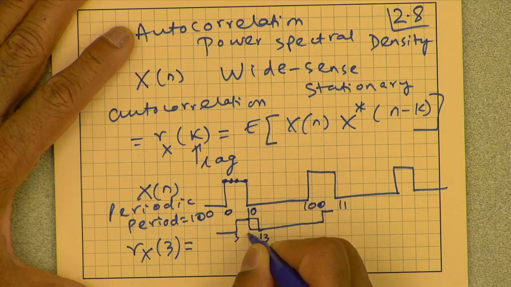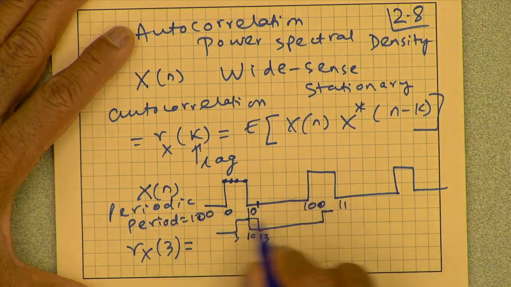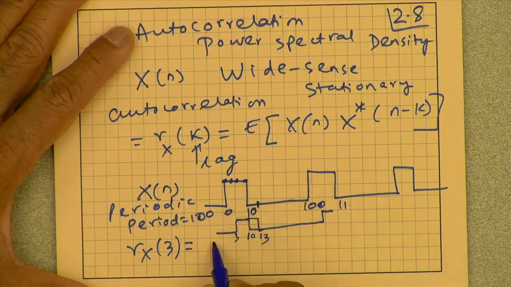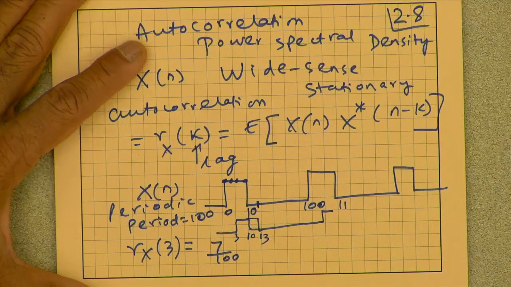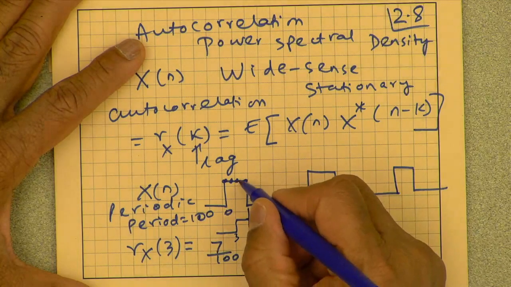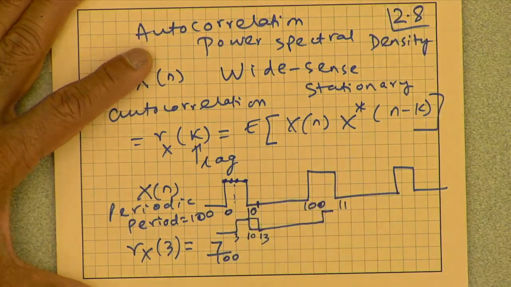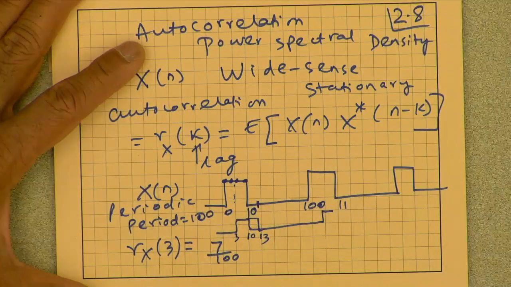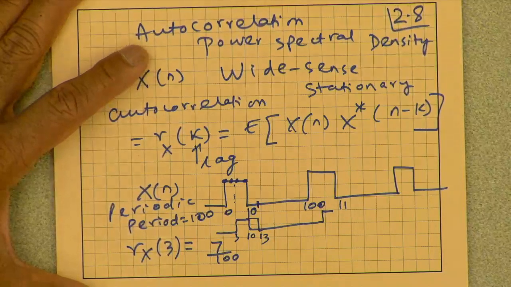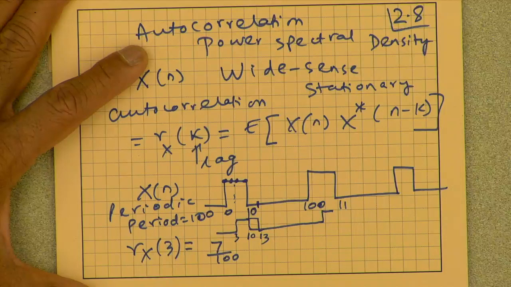But the product would be 0 after 10, because this is 0. So the expected value over one period will be 7. This 3 to 10 will be 7, and the period is 100. So the average value over one period will be 7 by 100. That's one example.